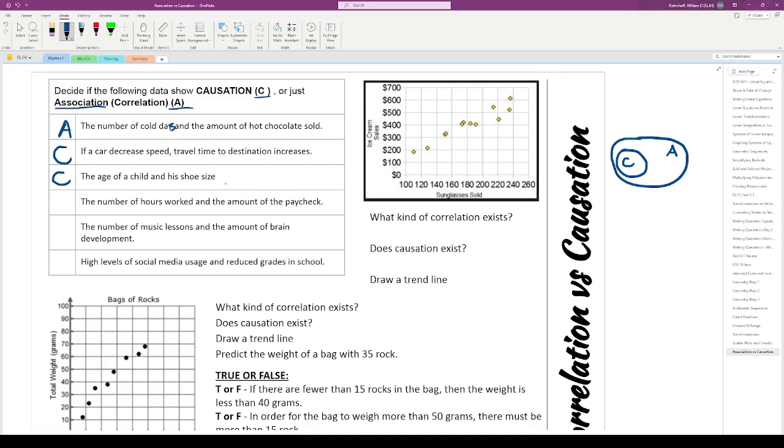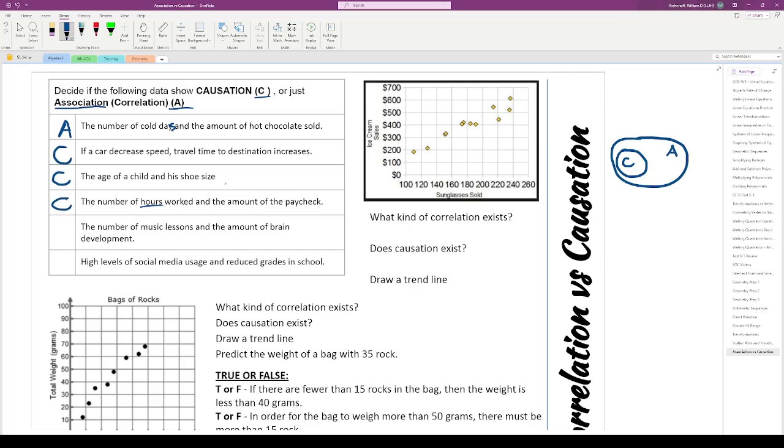Given that, we would say it would be causal because working hours directly affects your paycheck. If you think about your income as a slope, you make some dollars per hour. So more hours, more dollars, right? It's a direct connection through that dollars per hour. So we'll put causation.